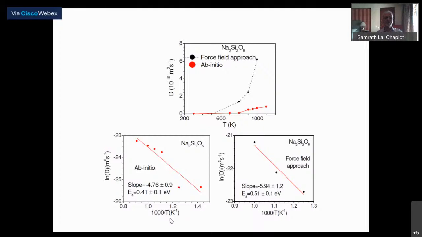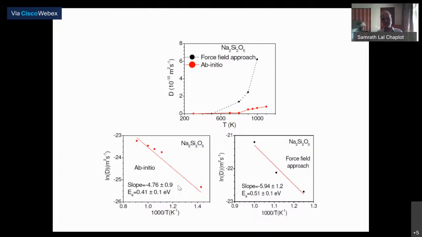You plot 1 over temperature against the logarithm of the diffusion coefficient, and you can see it's not a great fit with a straight line. This could be for two reasons. Your process may not be a simple activation process with a single activation energy, or more likely, there are simulation errors or limitations.